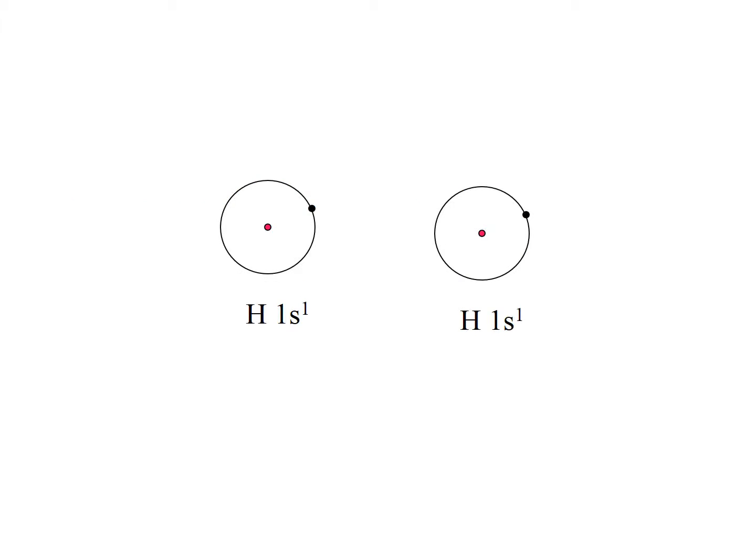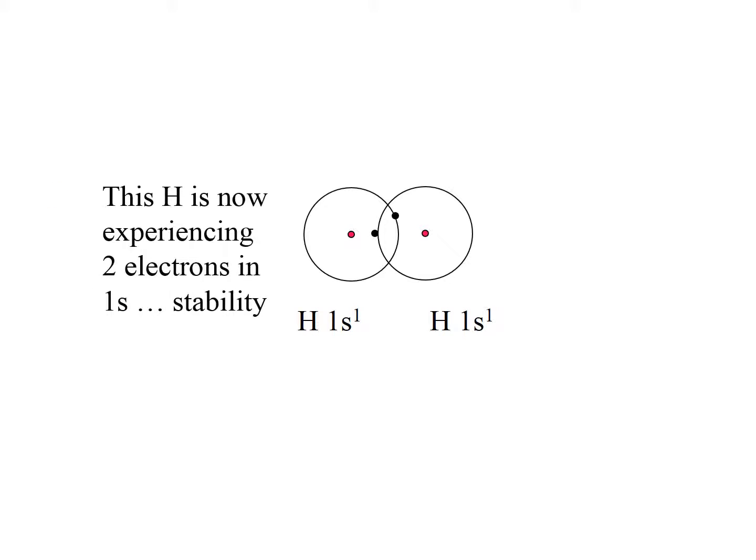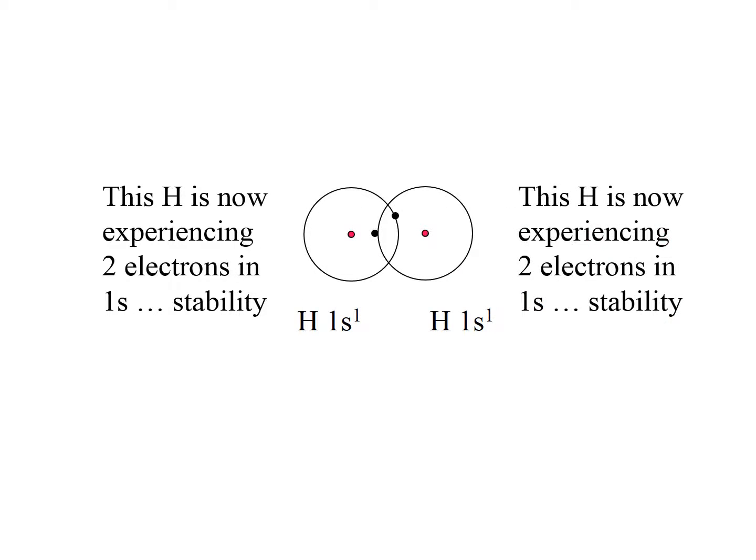Here's an example: hydrogen with one electron in a 1s, overlapping with hydrogen with one electron in a 1s. When they overlap, the hydrogen on the left and the hydrogen on the right both experience, instead of one electron in 1s, two. That gives each a 1s2 electron configuration, which is the same as helium, and this gives greater stability. So they stay bonded together.